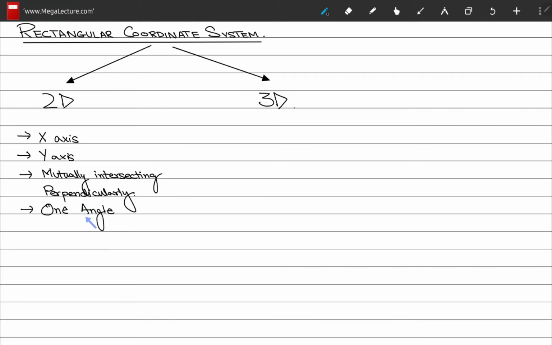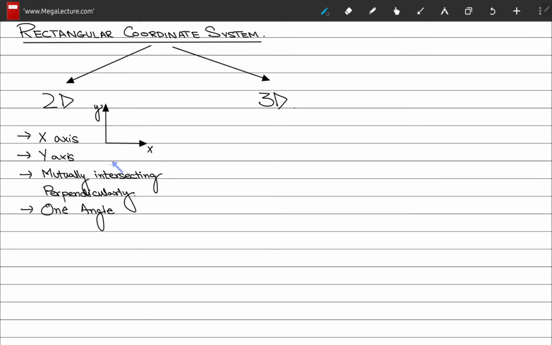And one angle is enough to specify the direction of a vector that is represented in this 2-dimensional coordinate system. You can see that this is an example of how your 2-dimensional coordinate system will look. You have the x-axis over here and the y-axis over here. It doesn't matter, you can decide which one you want your x to be and which one you want your y to be.